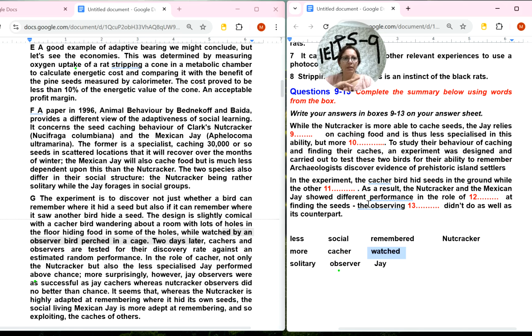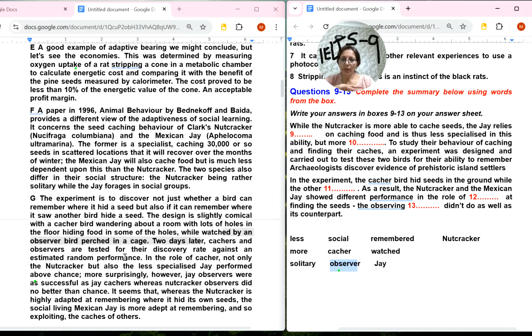It means they are talking in the role of observer. Here it is given, watched by an observer bird. And if you look at this, 2 days later, catchers and observers. So in the first paragraph they were talking about catcher and observer being tested for their discovery rate. So here we can mark it observer, and at finding the seeds the observing dash didn't do as well as its counterpart.